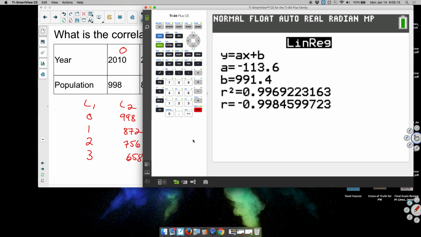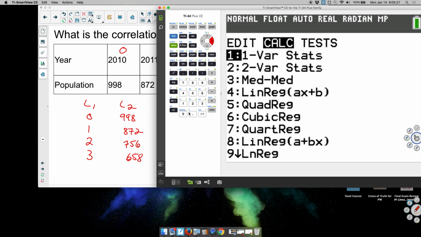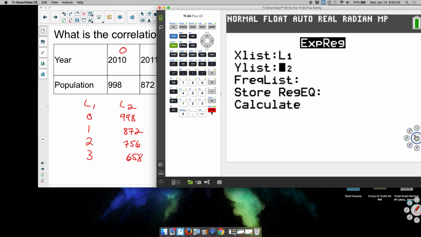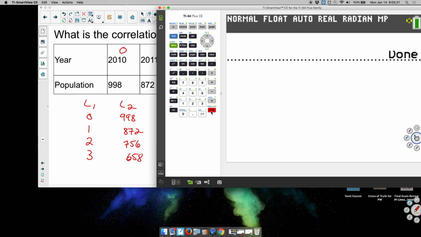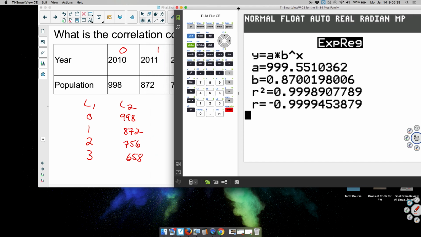Okay, so my R here is negative 0.998 for linear. And then stat calc 0, and this is 0.999. So this will be higher. So we're going to go with the exponential function.